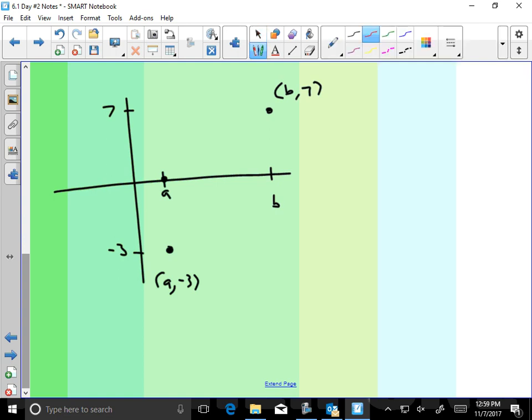What does that tell me about this polynomial in between? That somewhere it has to equal what? 0. Yeah, that's what the intermediate value theorem is. It says that for some value c, and that value could vary, it will have to cross the x-axis. Okay. That's the intermediate value theorem.